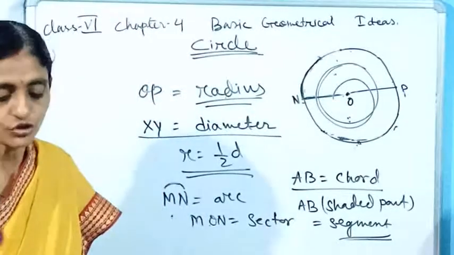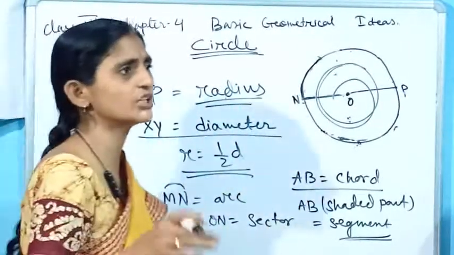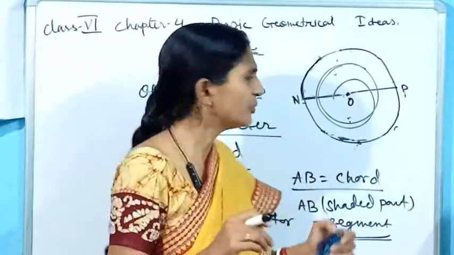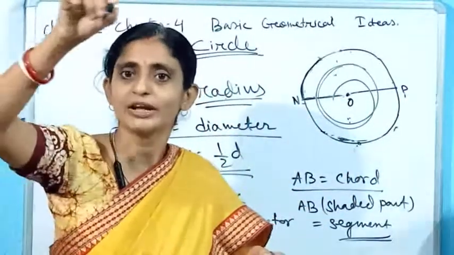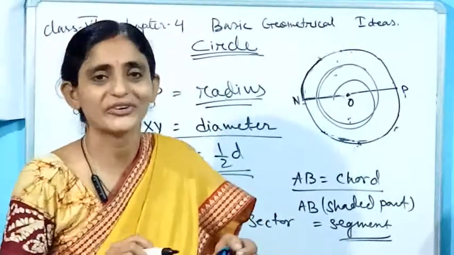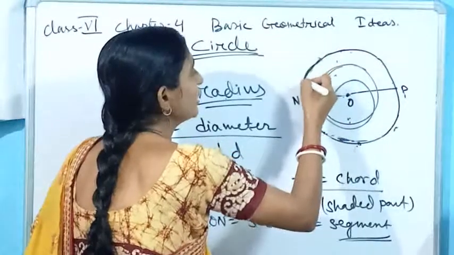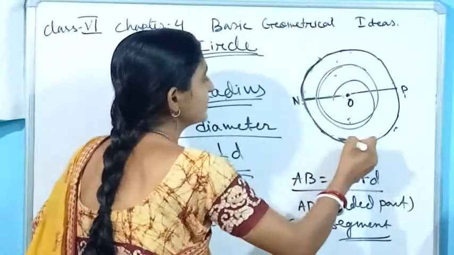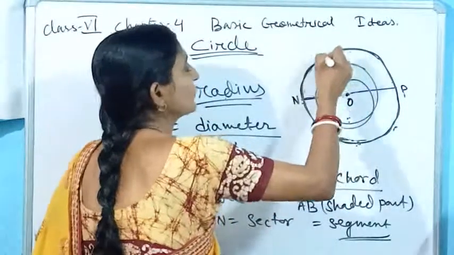I have not yet told you what the circumference is. You have drawn so many circles now. That complete curved line you have drawn is the circumference. So circumference means the whole line you have drawn to get that circle.